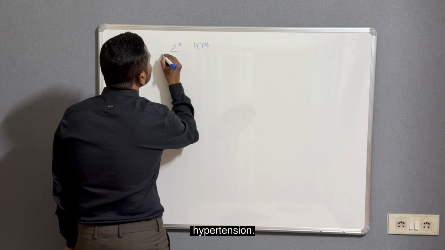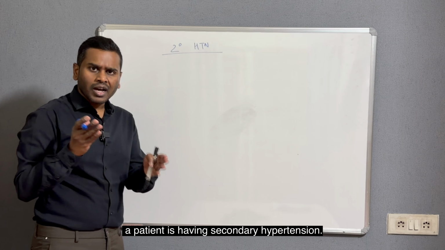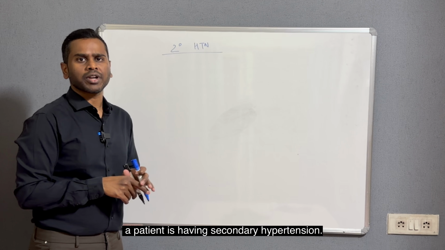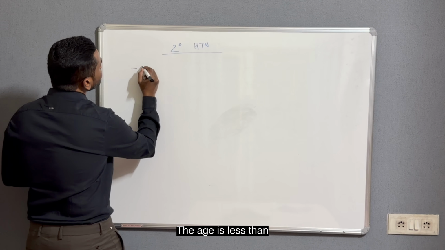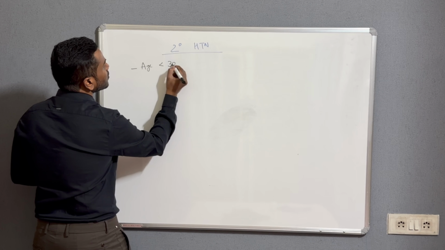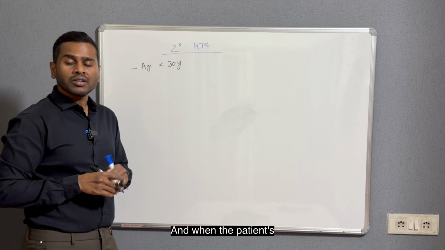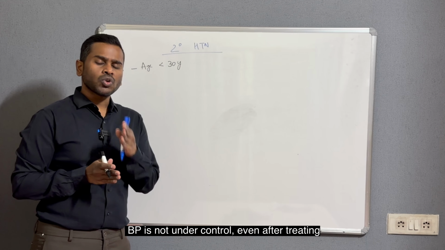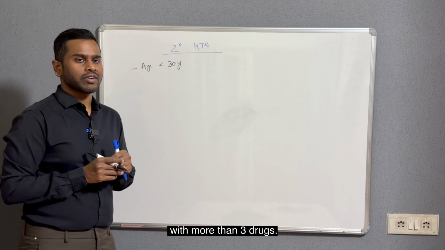So, when are we suspecting that a patient is having secondary hypertension? When the age is less than 30 years, and when the patient's BP is not under control even after treating with more than 3 drugs.